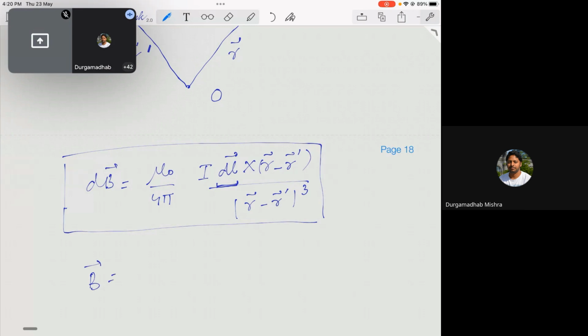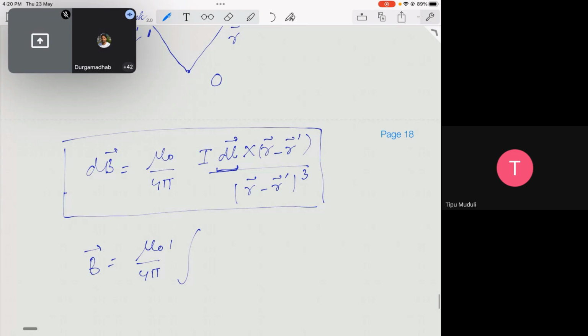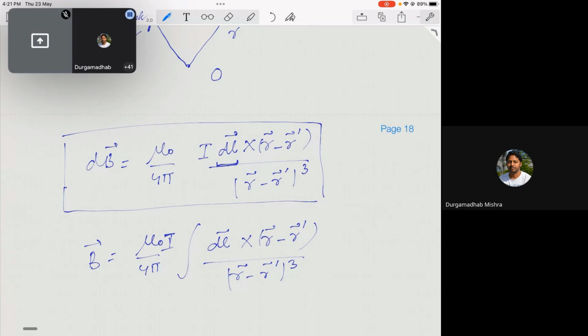So B is equal to mu naught by 4 pi times the integral. Since I is a steady current, we can take it out, and this is dl cross r minus r prime. So you integrate over the length of the wire, and then you can find the magnetic field due to this current-carrying wire.